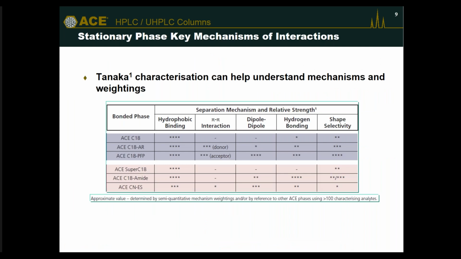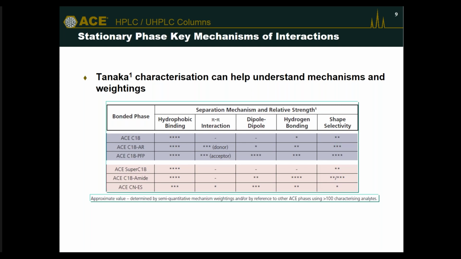So what does that mean for method development? On the slide now you can see a table, and we have the different types of column chemistries in the first column, and we have five different mechanisms of interaction: hydrophobic interactions, pi system interactions, dipole-dipole, hydrogen bonding, and shape selectivity.